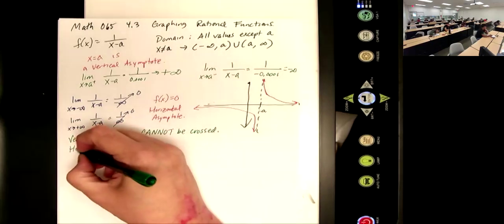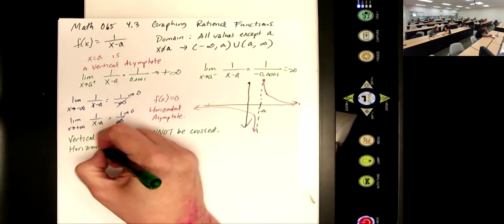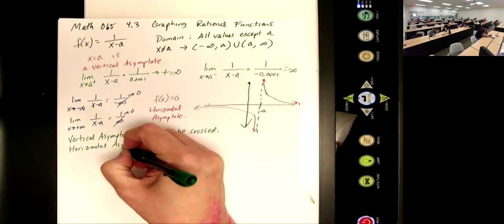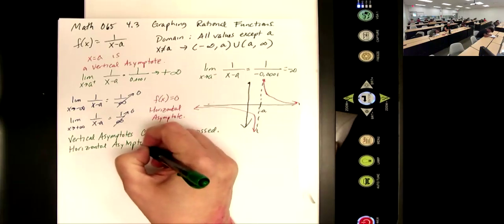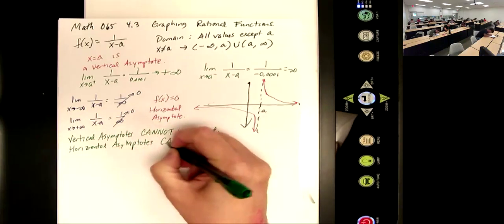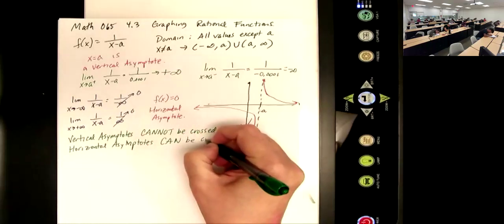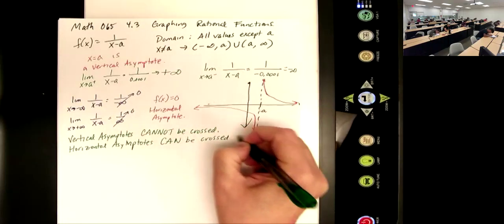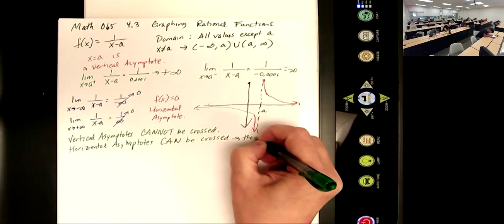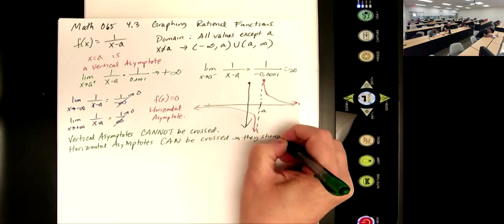Horizontal asymptotes can be crossed. They show end behavior.